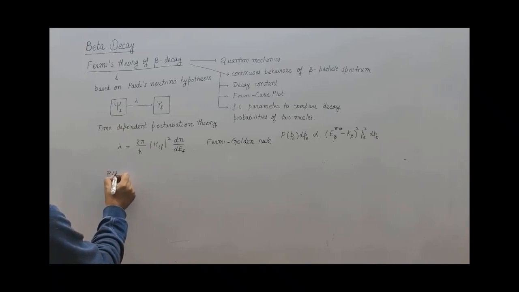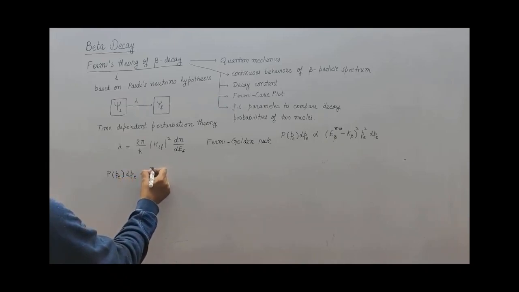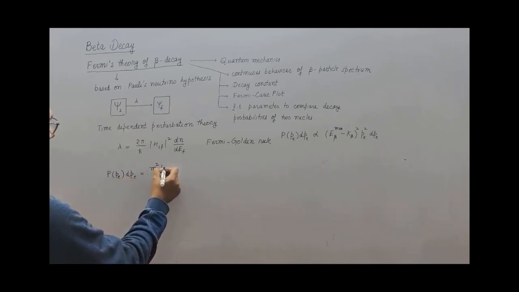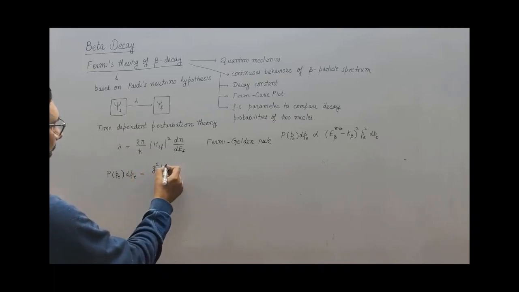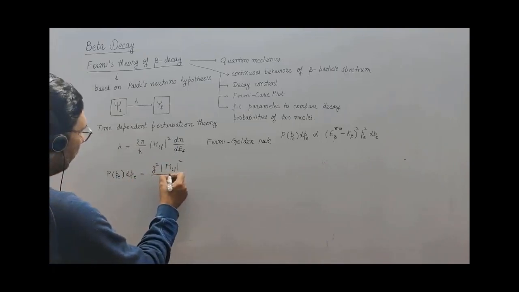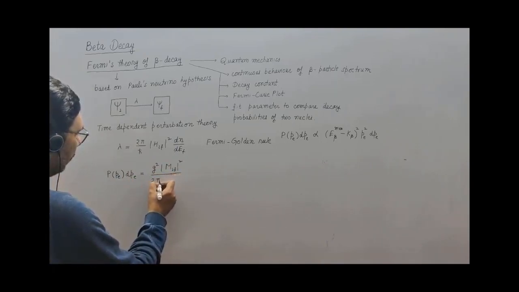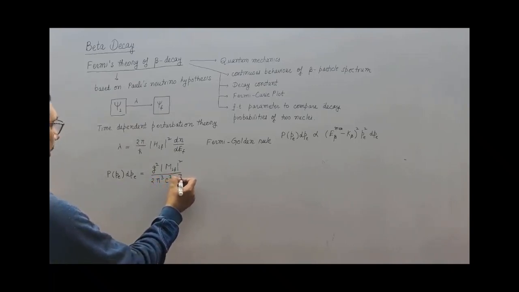P dP_e will be equal to g square, basically the coupling constant, times the matrix element M_if of interaction squared, divided by 2 pi cube c cube, and this will be h cross to the power 7.